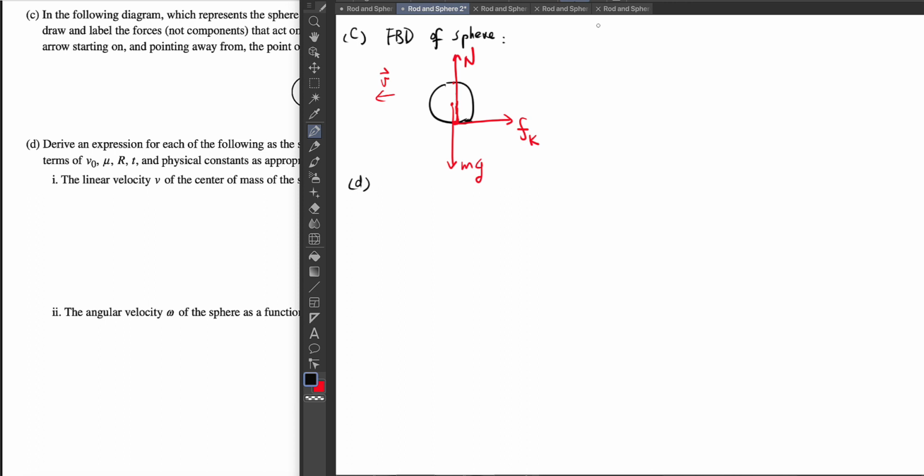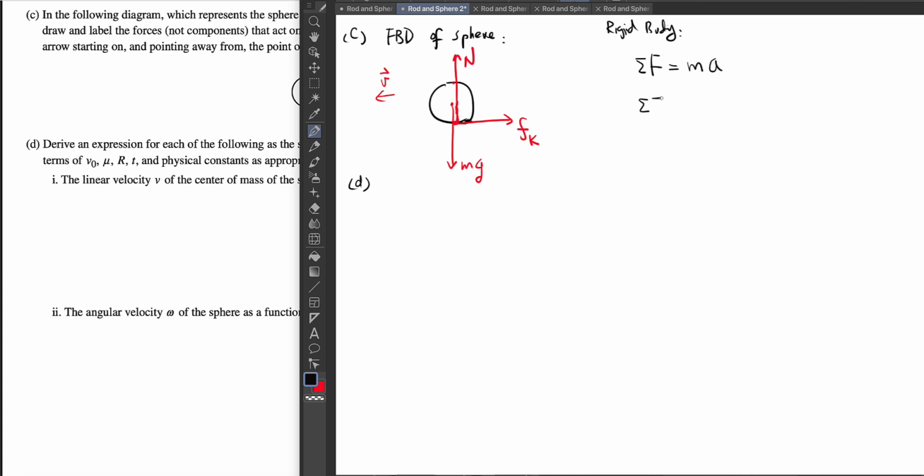But before I do that, let's review a little bit of rigid body dynamics. You want to write down Newton's second law for linear motion, so net force equals ma. That's for the sliding v.